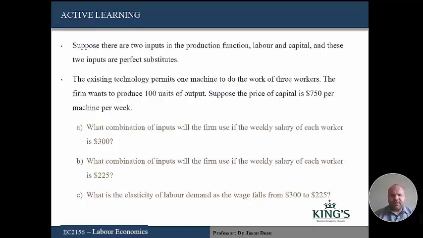No. So in A, we have that the wage is 300, and so if we use 3 workers to make 1 unit, it's going to cost $900. But why would we do that when we can only pay $750 and use the machine?